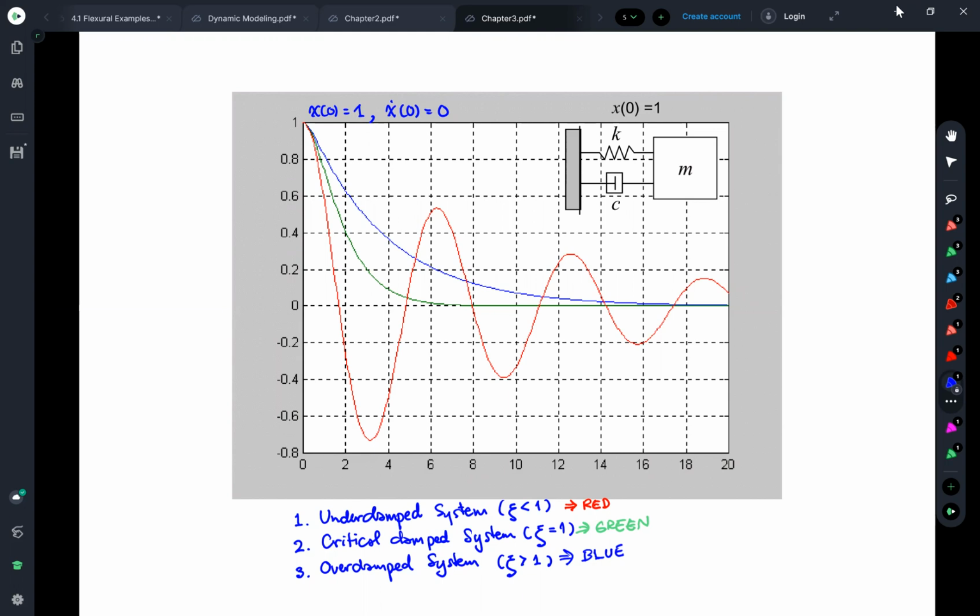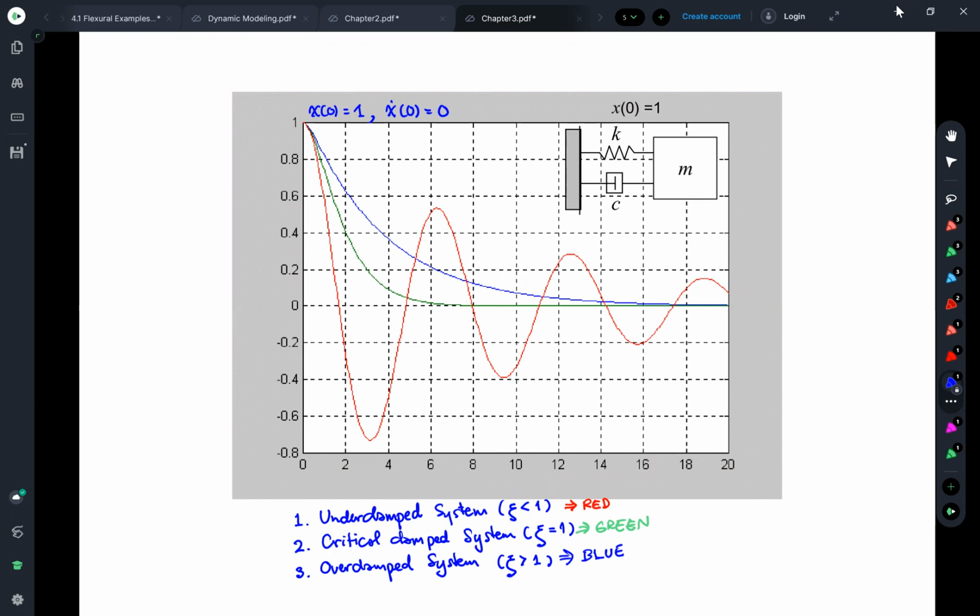But for civil engineers, I would say the green and the blue, we never have this in reality. In buildings, in bridges, we always have the underdamped system. And I do believe that the highest damping in civil structures, maybe the damping ratio is something close to 0.2, 0.3 only.